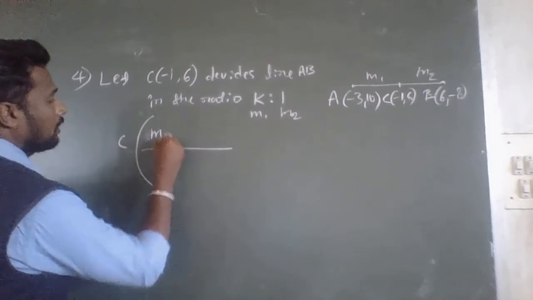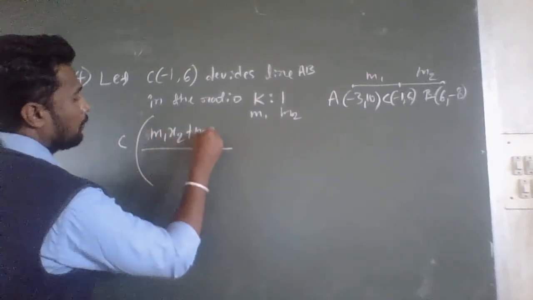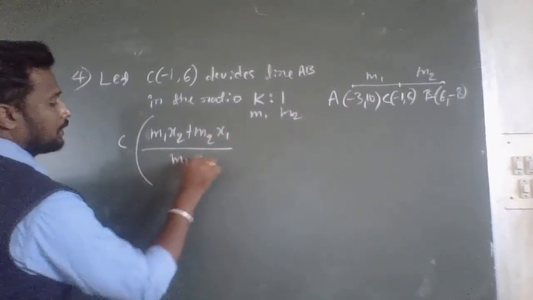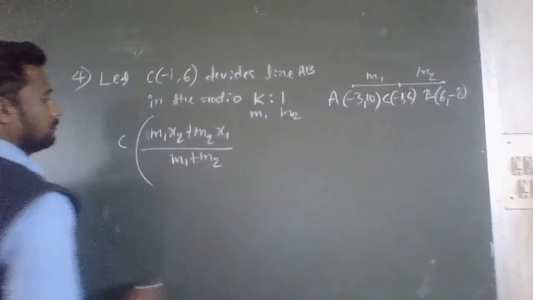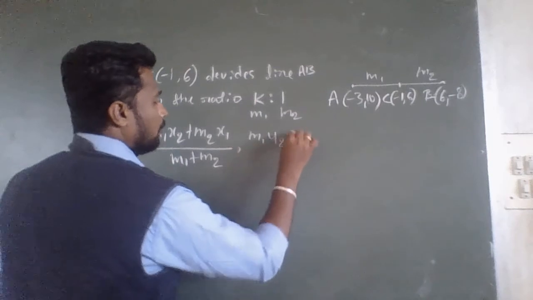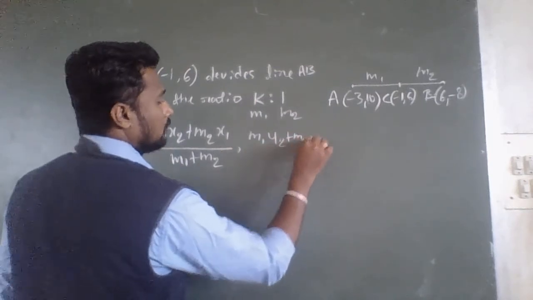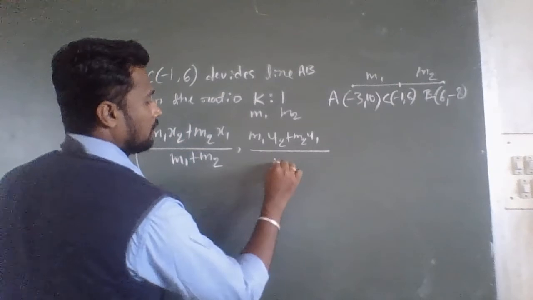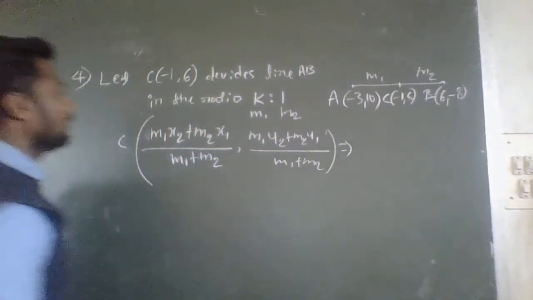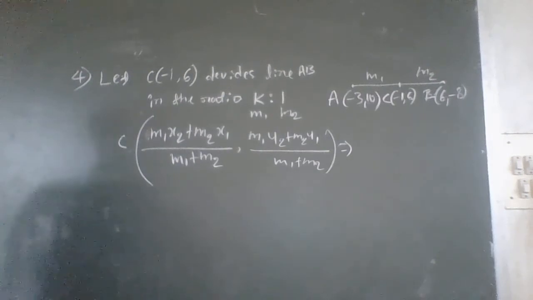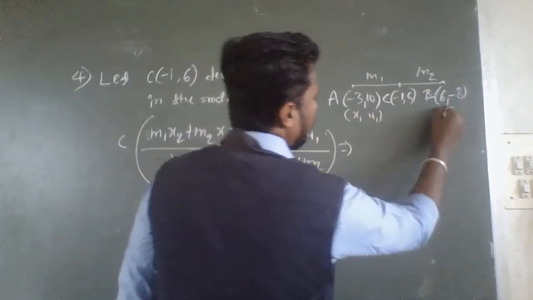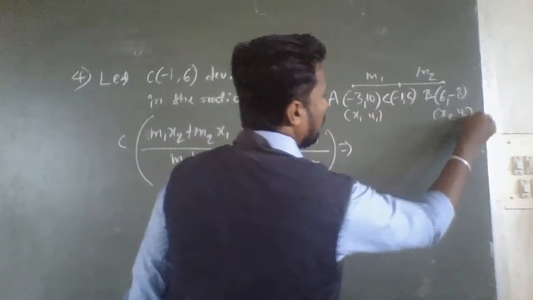Comma, m1 into y2 plus m2 into y1 divided by m1 plus m2. So now what we will get here? Here we will consider these values as x1, y1 and these values as x2, y2.